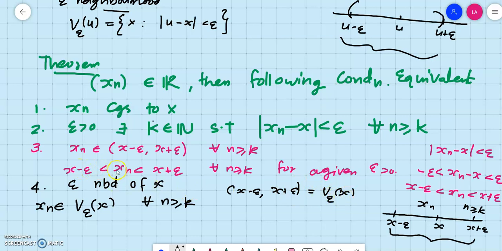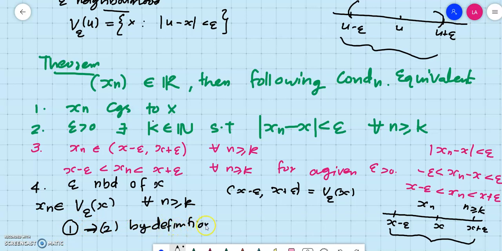So xn belongs to v epsilon of x for all n greater than or equal to k. So xn converges to x implies for every epsilon greater than 0, there exists a natural number k such that modulus of xn minus x is less than epsilon for all n greater than or equal to k. So 1 implies 2 by definition.